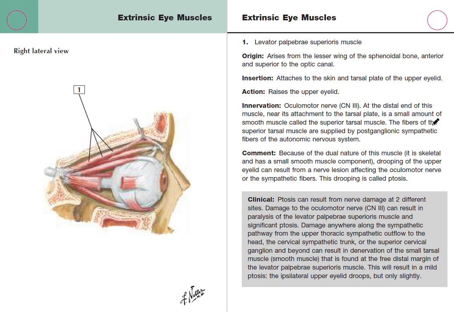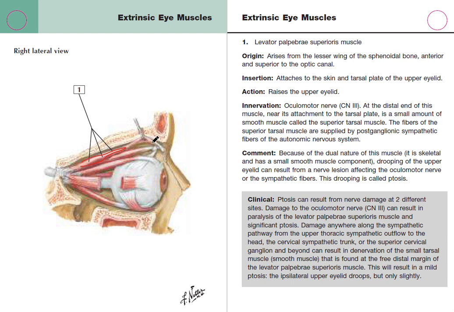We now go into a detailed look at the eye. Here is a right lateral view, and we focus on this muscle strip over here, which is the levator palpebrae superioris. Origin, it arises from the lesser wing of the sphenoid bone, and it is anterior and superior to the optic canal.